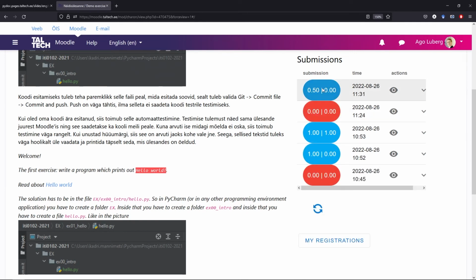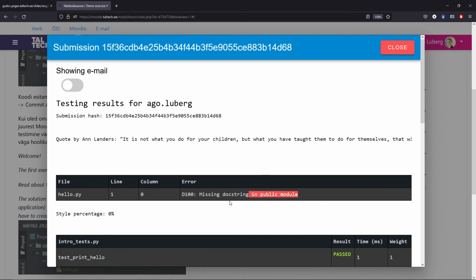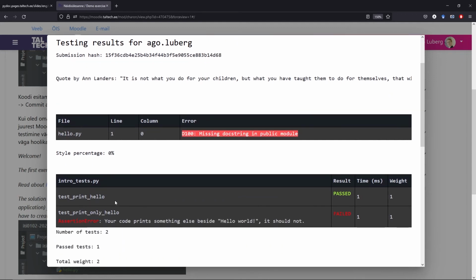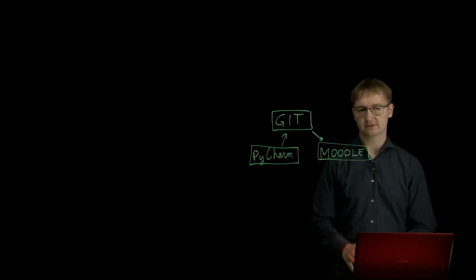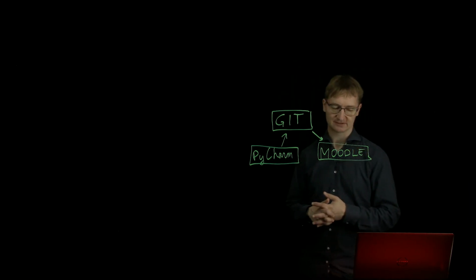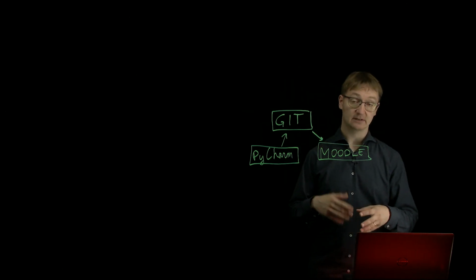Let's see. Okay, so I get more points. Let's see what happens here. So I still have this problem with the missing docstring. I have to write my comment to my file. And there is the problem that your code prints something else besides hello world, but it should not. Usually we don't have such strict tests, or then again we do.